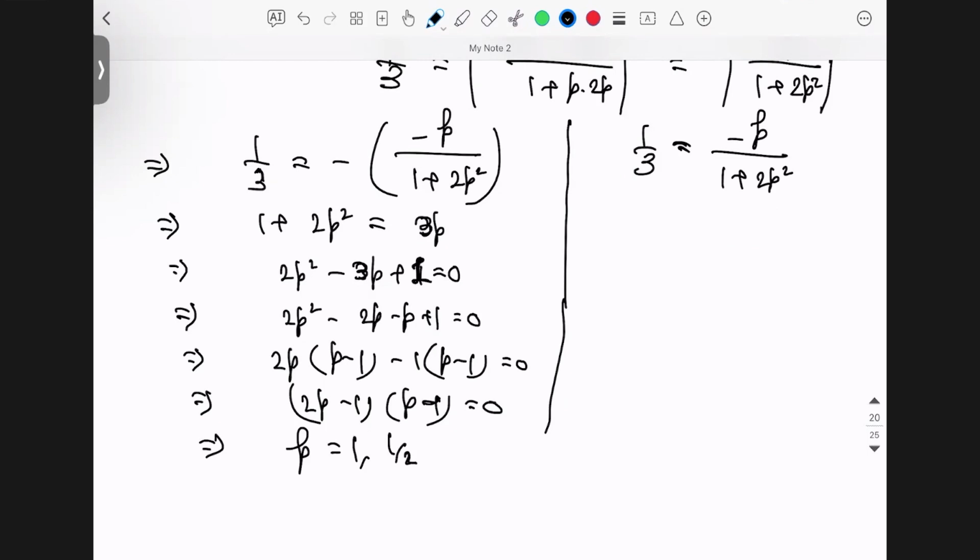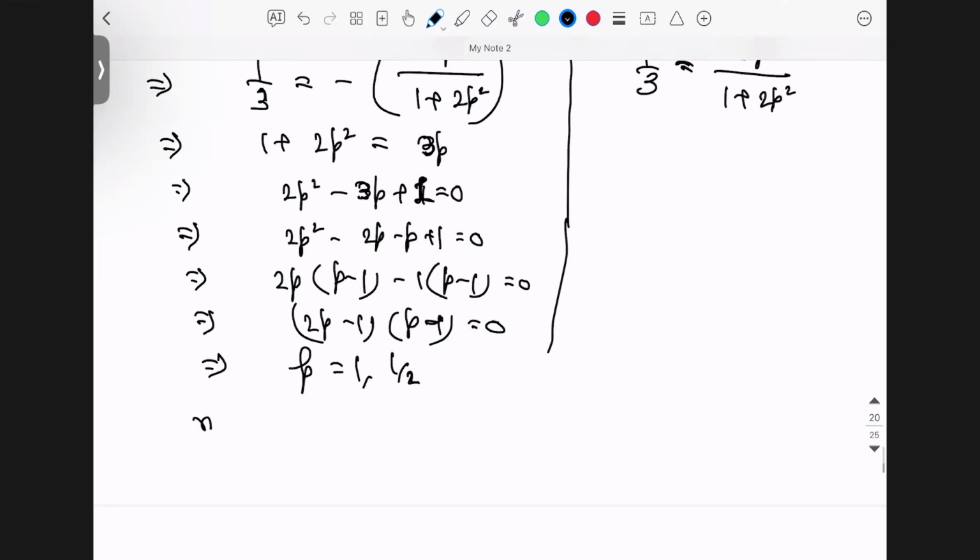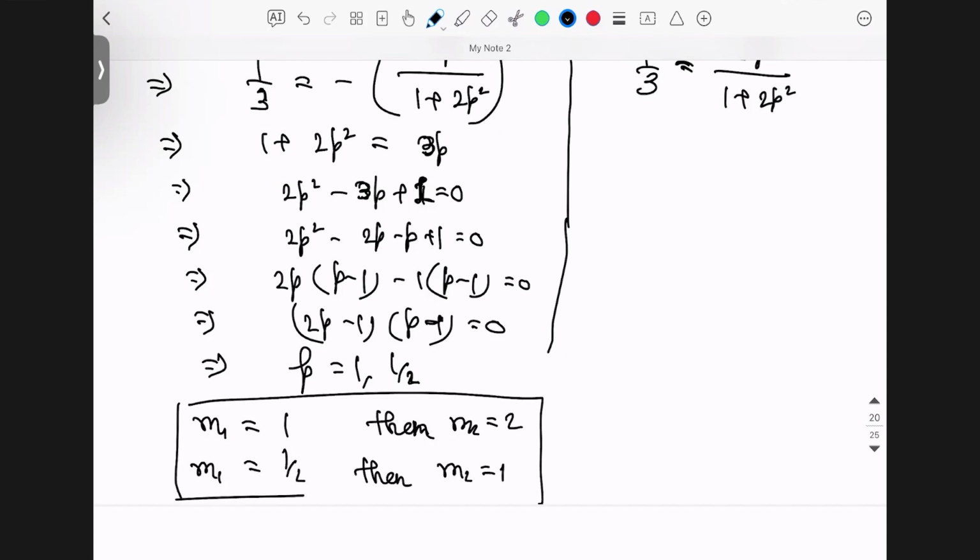Now if p equals 1 or half, then clearly m1 equals 1, then m2 will be 2. If m1 equals half, then m2 equals 1. This is one case. What about the other case?